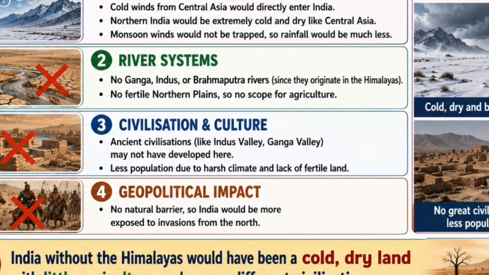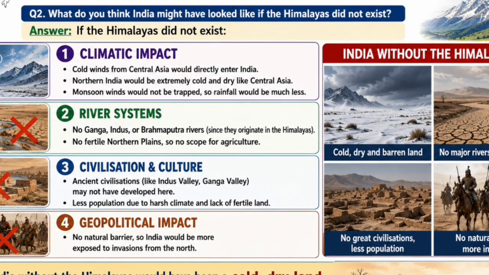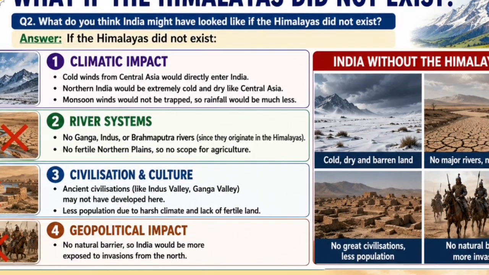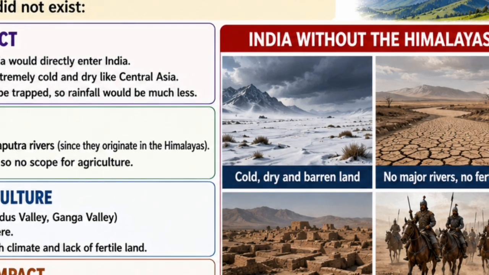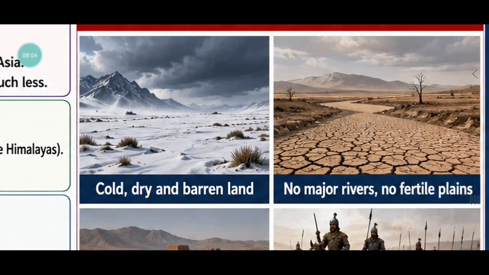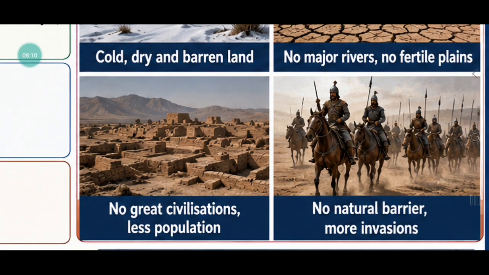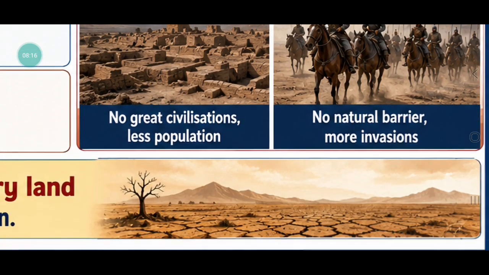So this would have been the condition in the absence of the Himalayas, right? Without the Himalayas, India could be like this, as you can see in these images: very cold and dry barren land, no major rivers, no fertile plains, no great civilizations, less population, no natural barriers, so more invasions.